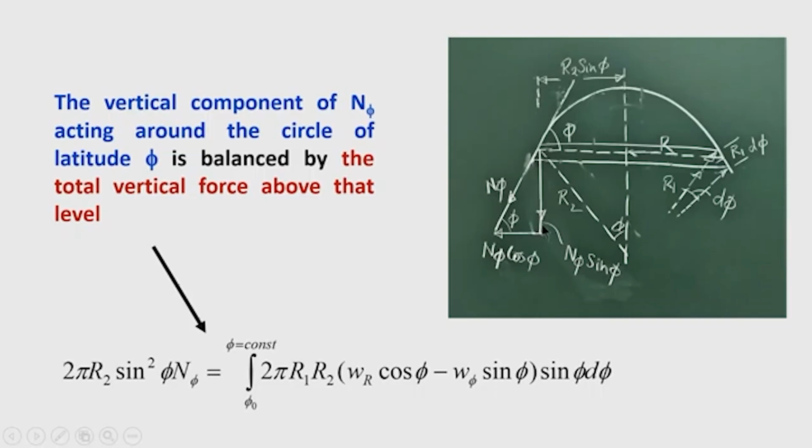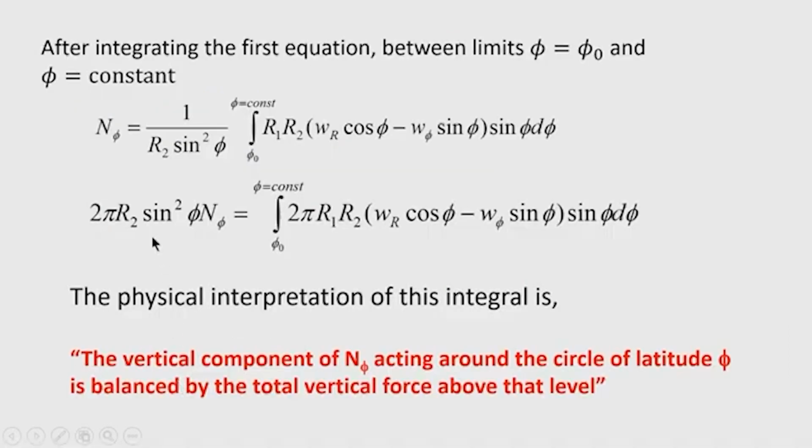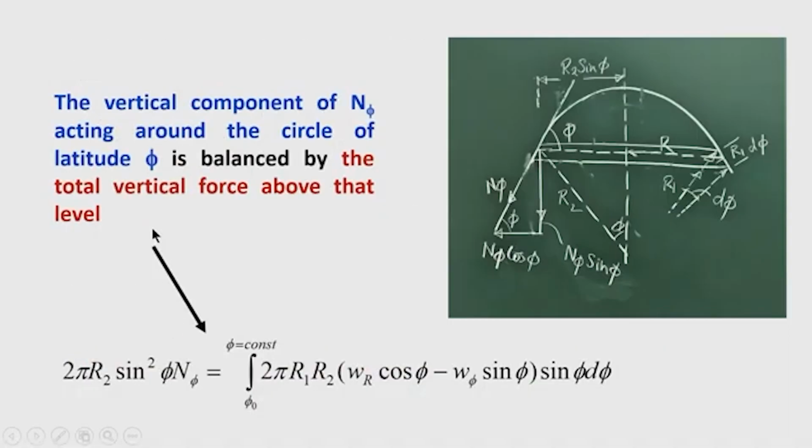This is the force per unit length, and when it is multiplied by the circumference at this parallel of latitude, it becomes the total vertical component of n phi. So, the left hand side, 2 pi r2 sin square phi n phi, represents the total vertical component of n phi.